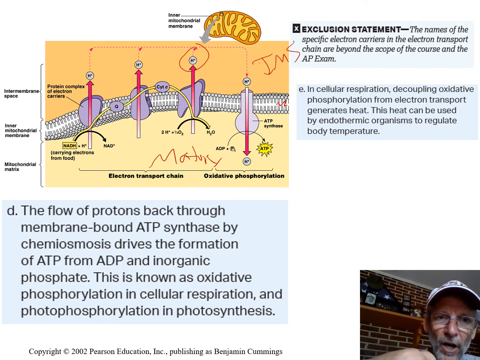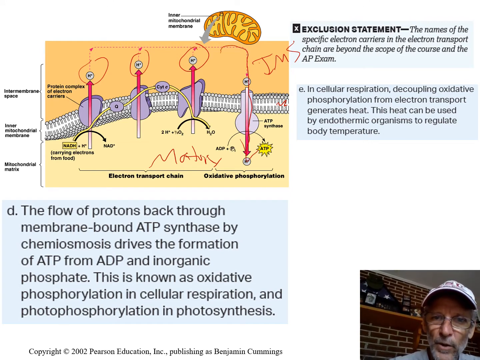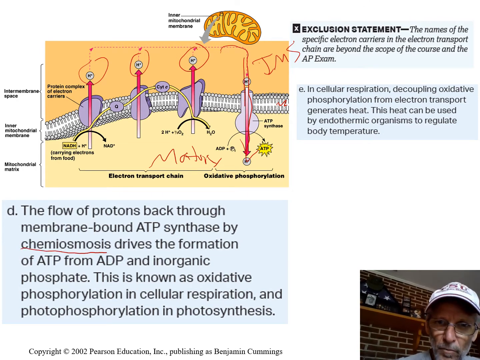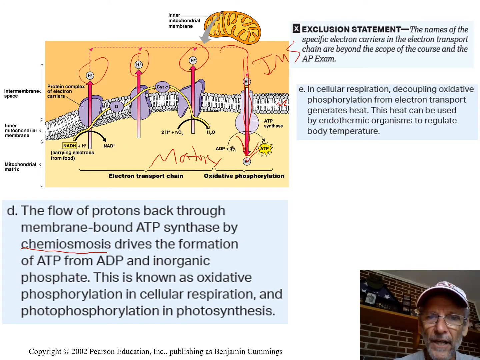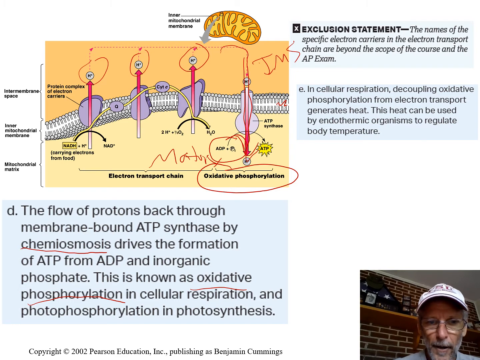And because they're now more concentrated out here, and this thing allows them a pathway to diffuse back in, this is the chemiosmosis thing. The actual movement of them is the chemiosmosis thing, which very mechanically helps to slap an inorganic phosphate onto an ADP to make ATP. Okay, so this is again known as oxidative phosphorylation. They want that word in your vocabulary.